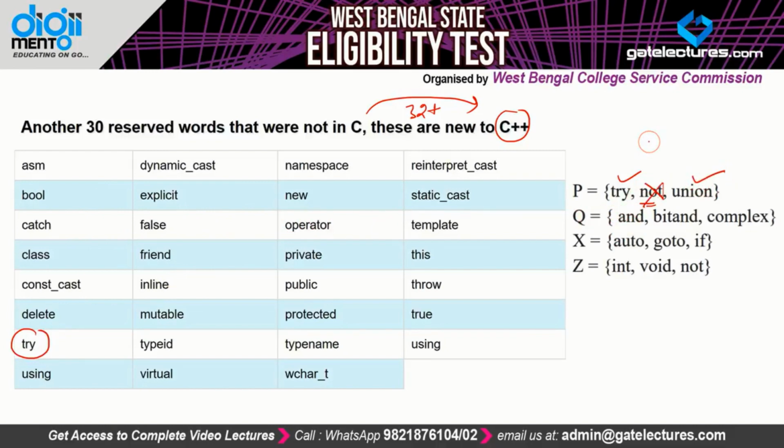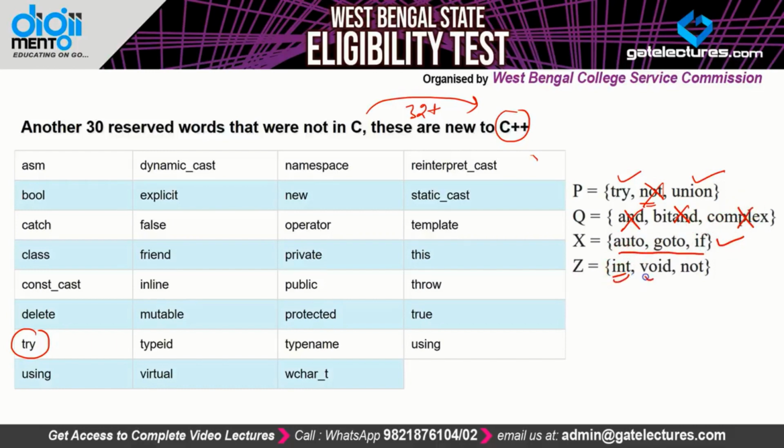Why? Because we have seen in the previous slide that union is present but not is not at all present. In the next case the AND keyword is not present in C++, bit and is also not present in C++, and the complex keyword is also not present. None of these three keywords are present in C++.